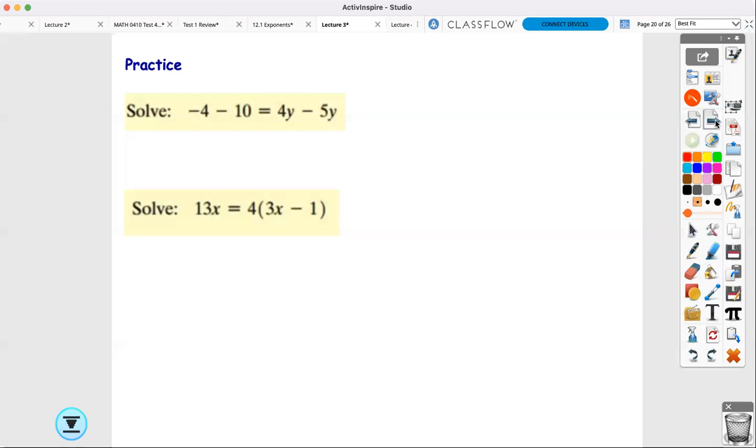All right, guys. Anyone want to share what they got for the first one? Remember how to write the solution, right? It has to start with the letter first. Go ahead and enter it into the chat.